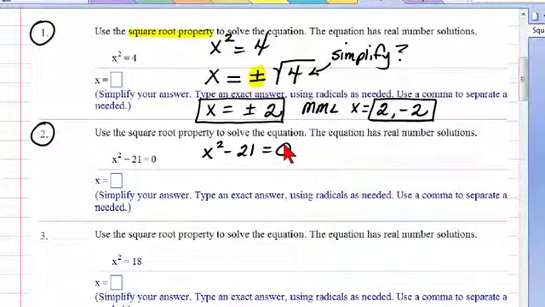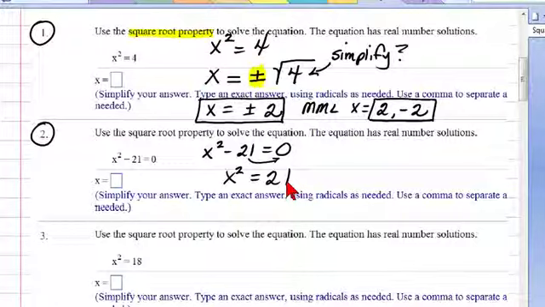Well, is this in the right format for the square root property? No, because it has to be something squared equals a number. So I'm going to add 21 to both sides, and I'll end up with x squared is equal to 21.